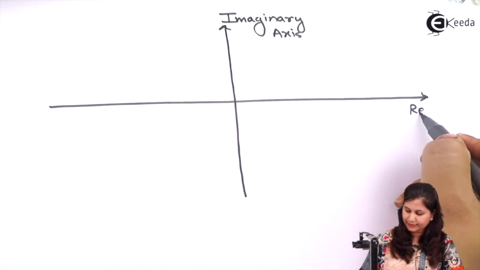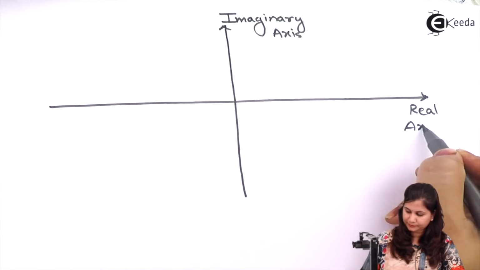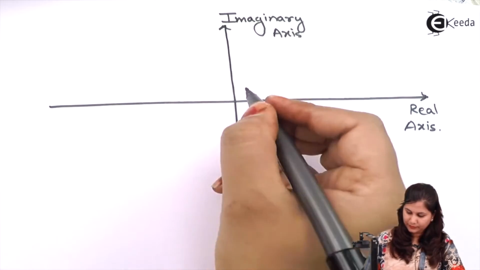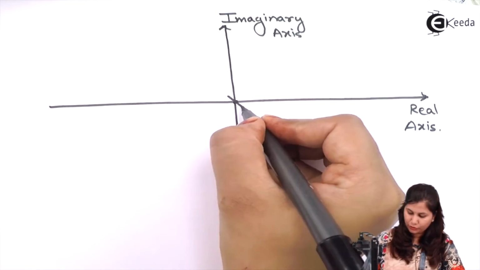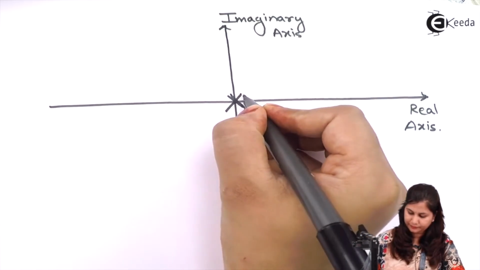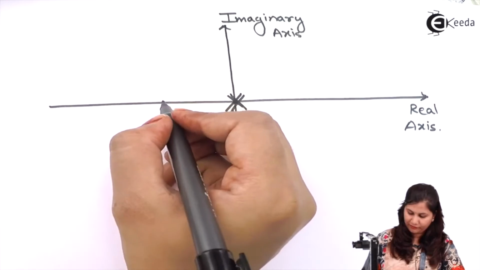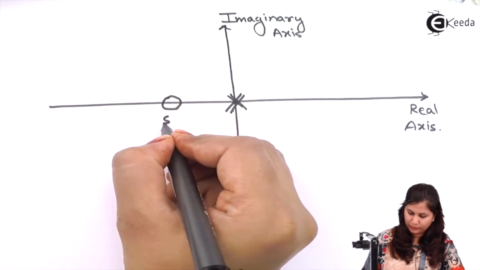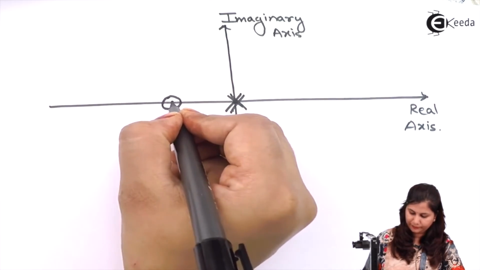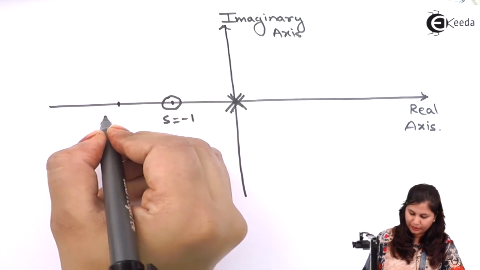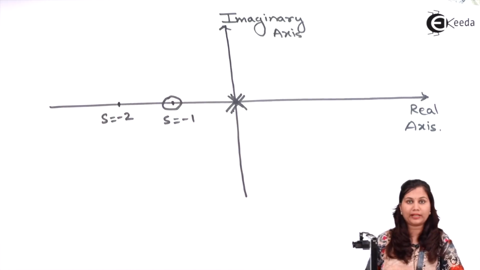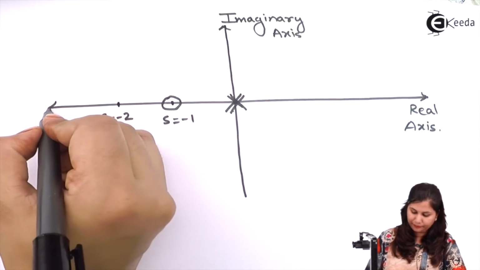This is the real axis. We have 2 poles here, and we have 1 zero at s = −1. This is s = −2, and s = −2 is the breakaway point.